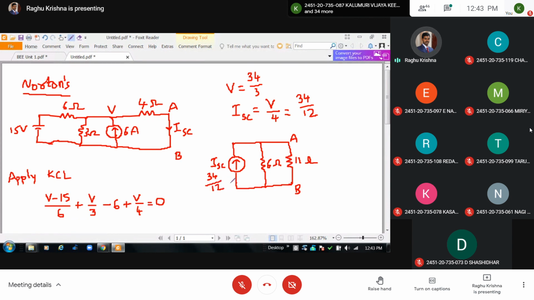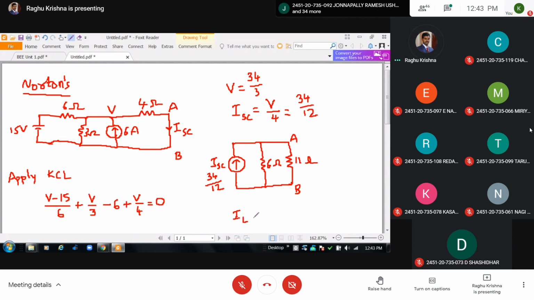now the current flowing through 11 ohms. If I want the current flowing through 11 ohms, here current division rule. So current flowing through 11 ohms, that is IL.